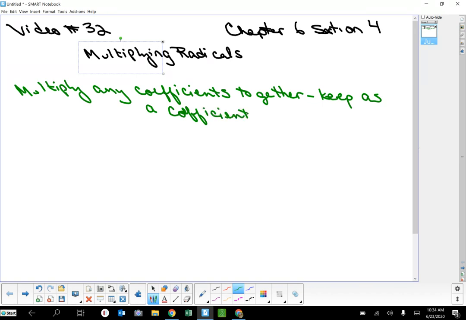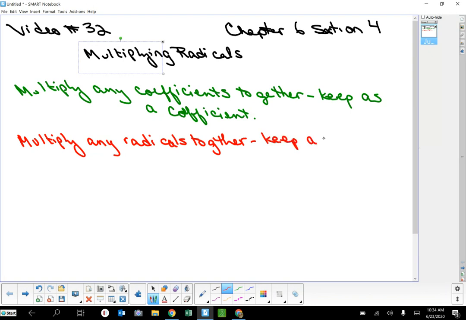You are going to multiply any radicals together, and you're going to keep it as a radical. And then you're going to simplify the single expression.